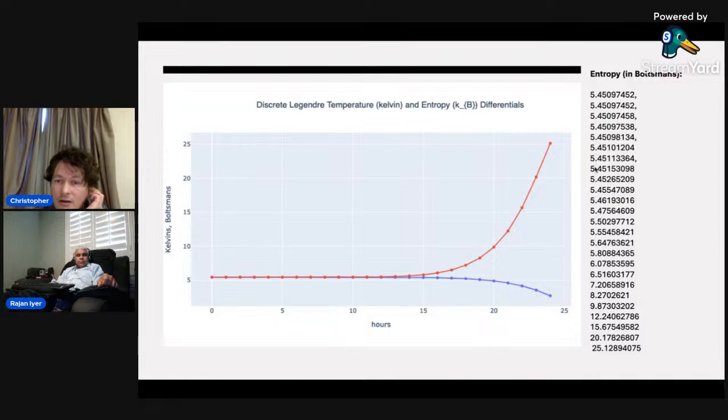So it starts off with quite a minor change, then increases kind of dramatically, but not too much, and the end result is around 25.12 Boltzmanns of entropy. So obviously these values can be used in a greater context later on, but those are the values I've discovered so far.